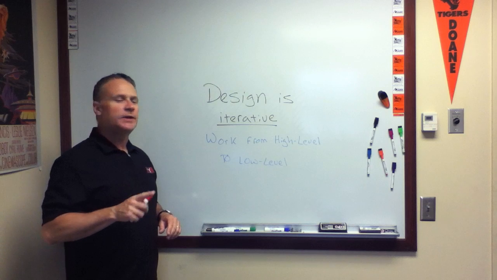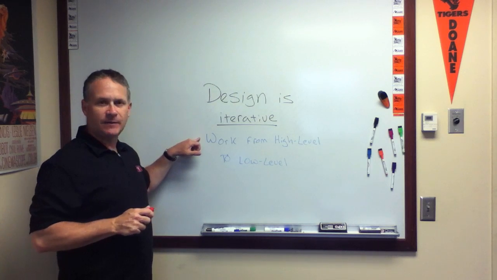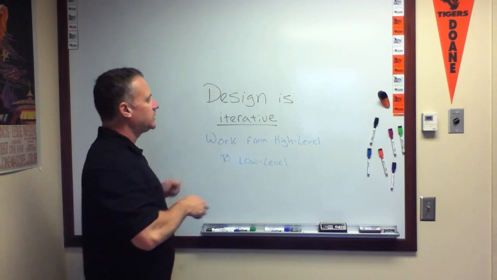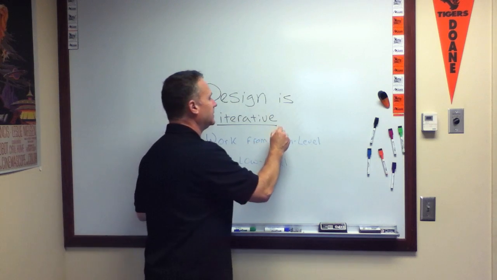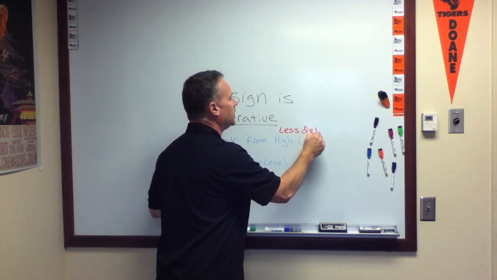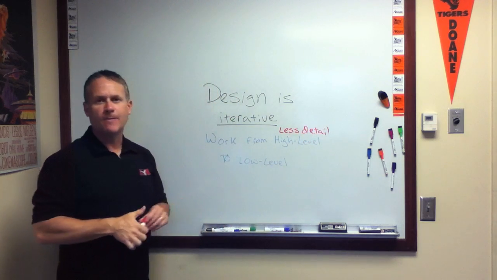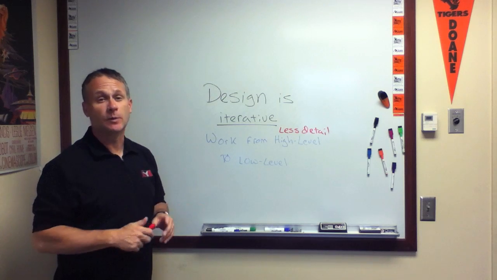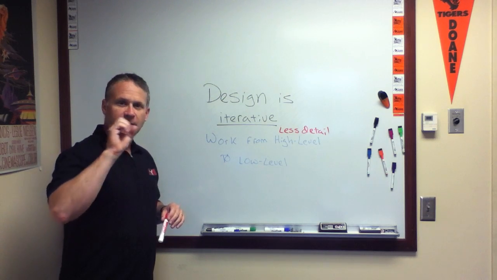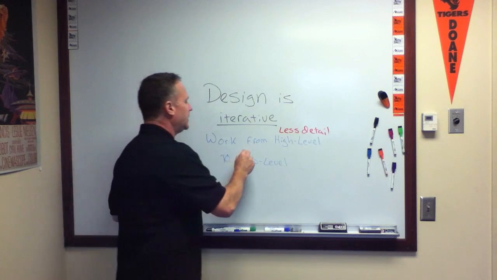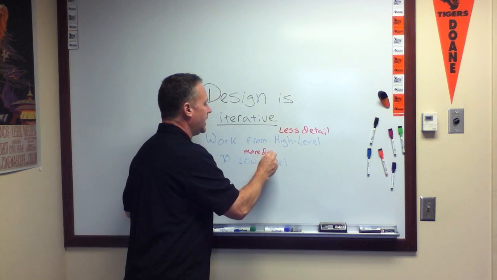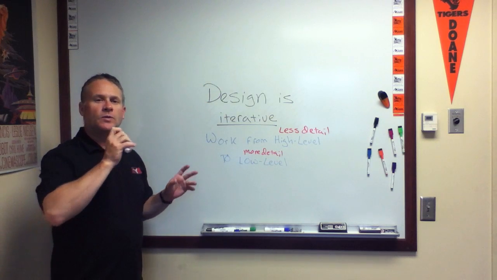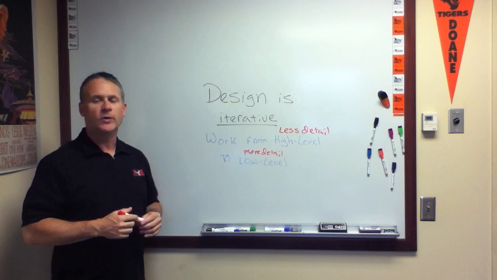So what we want to teach you is to start from a high-level design and work to a low-level design. In other words, we start from a high-level, less detailed situation where we flesh out the major steps in the algorithm or the system that we're working on, and then look at each of the pieces and add more detail as needed so that we're able to take our design and write a program from it.